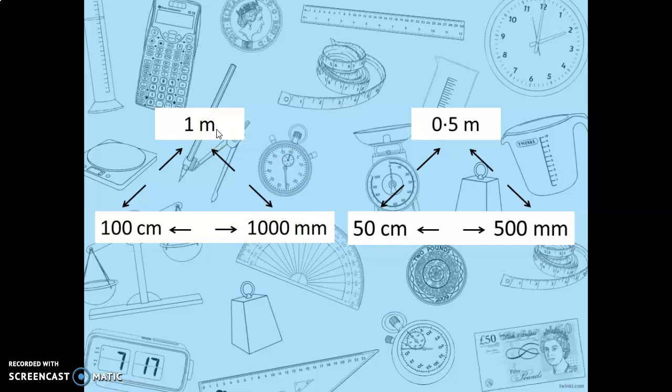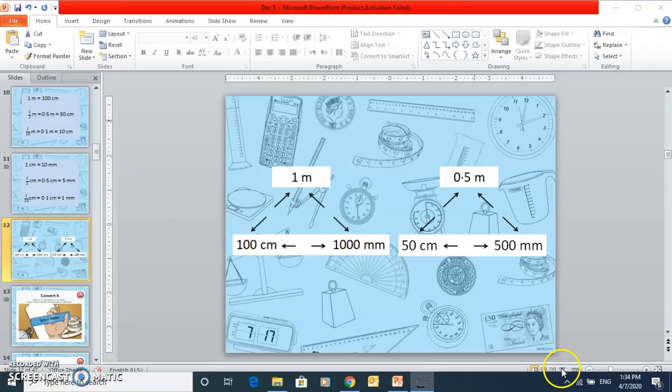And actually vice versa, of course. 1 meter is the same as 1000 millimeters. 1000 millimeters is the same as 100 centimeters. 100 centimeters is the same as 1 meter. Same goes for half a meter. We know that 0.5 meters is the same as 50 centimeters, is the same as 500 millimeters, and so on. You see the relation.